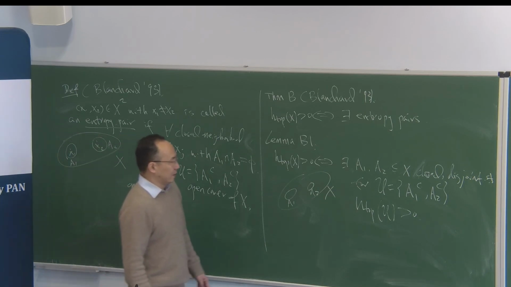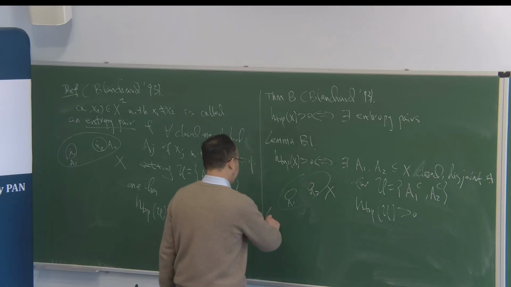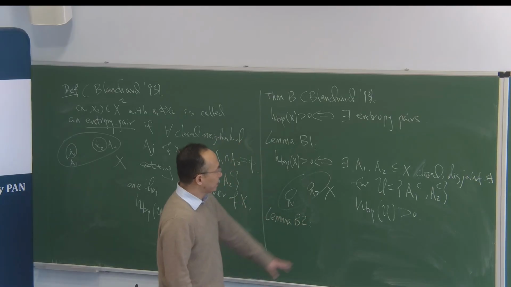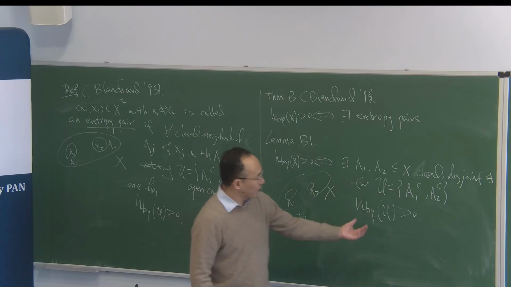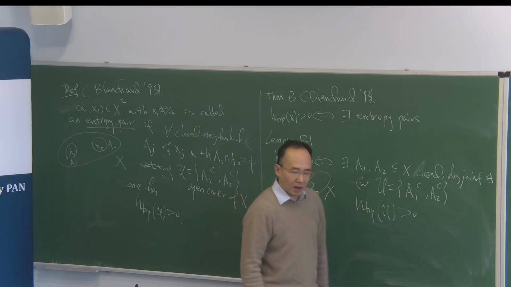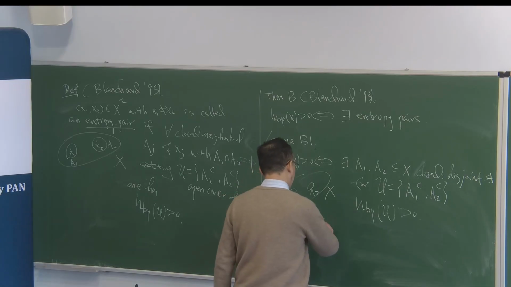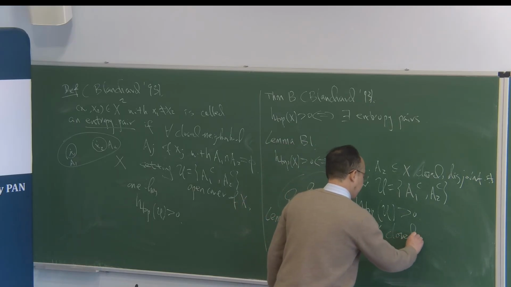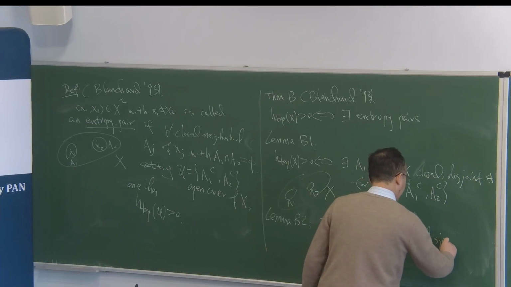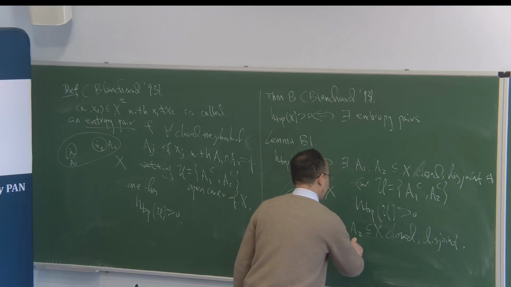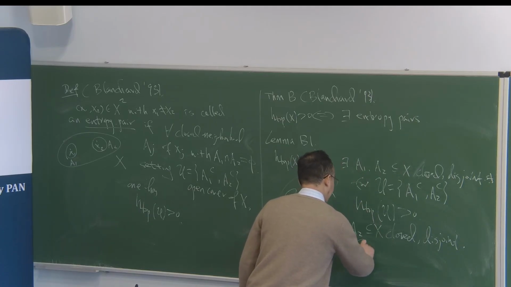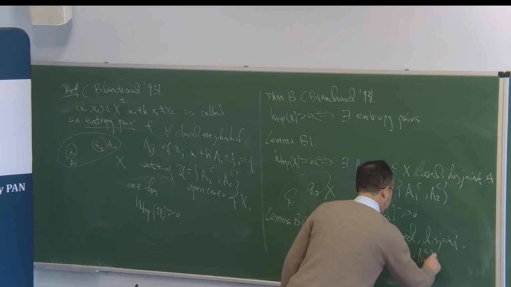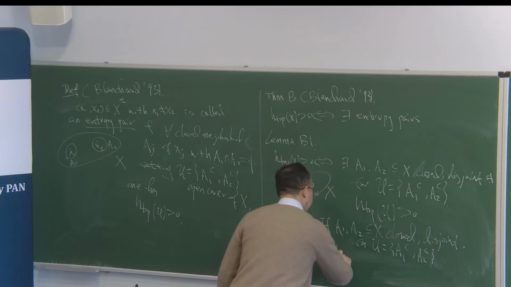Then the second lemma says that once you have this, you can find one entropy pair inside of A1 times A2. Assume, with U the same as here, that the entropy is positive.